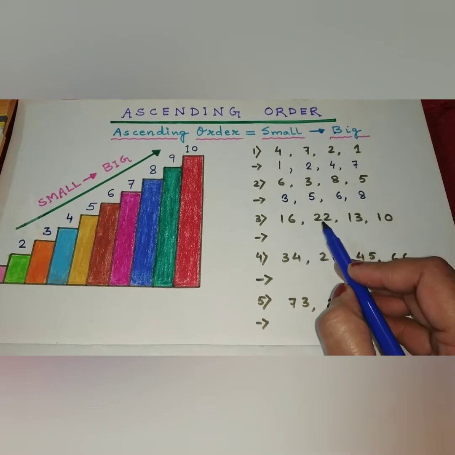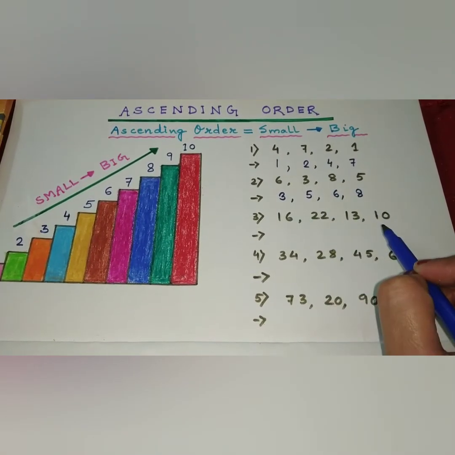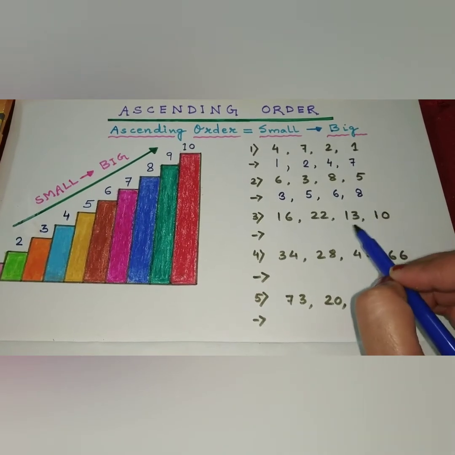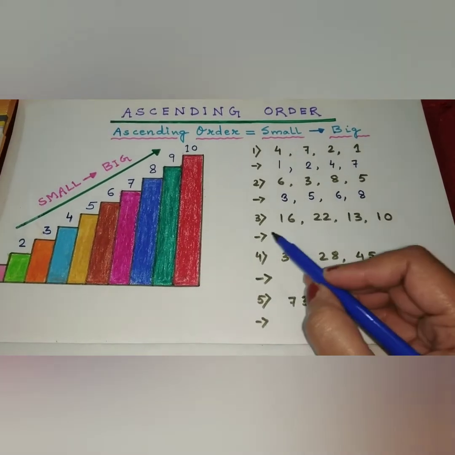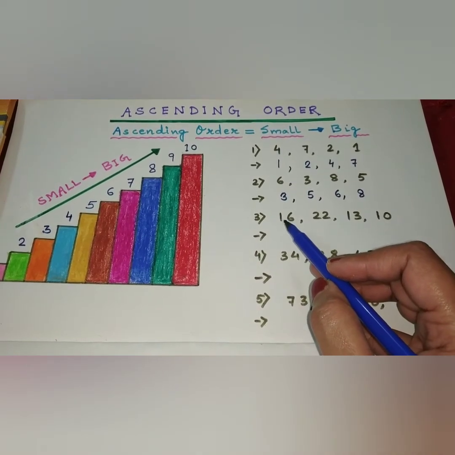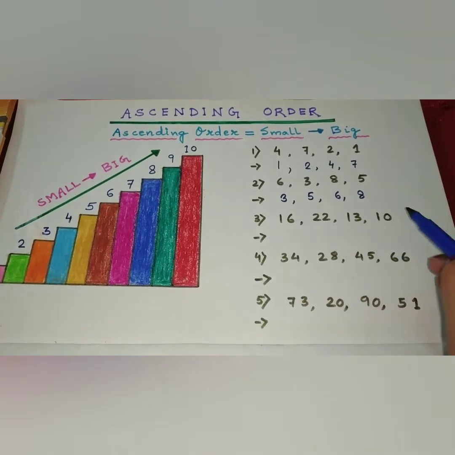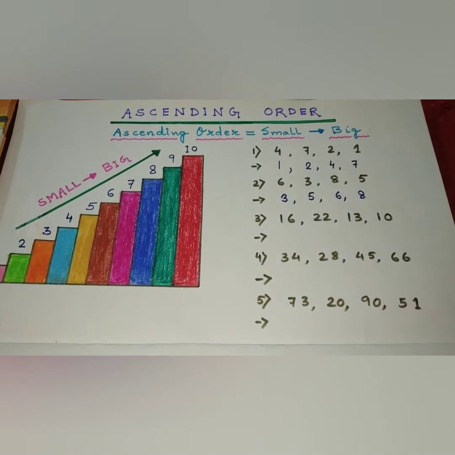16, 22, 13 and 10. Now out of these 4 numbers, how will we understand which is the smallest? In number 16, the first digit is 1. 13 first digit is 1 and in number 10 also the first digit is 1.